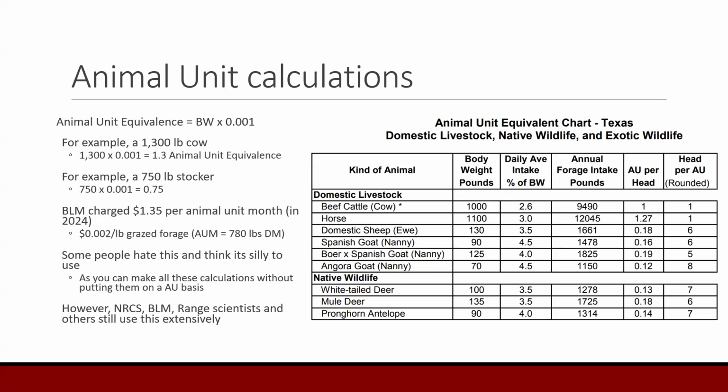That one cow for a month is 1.3 animal unit months. That makes sense? Everybody follow?